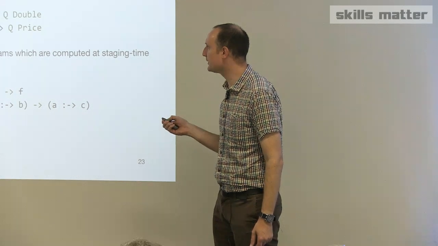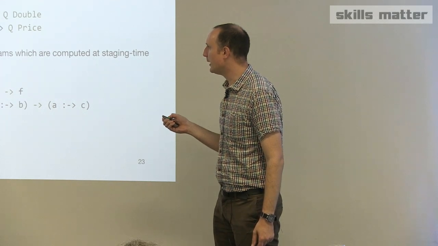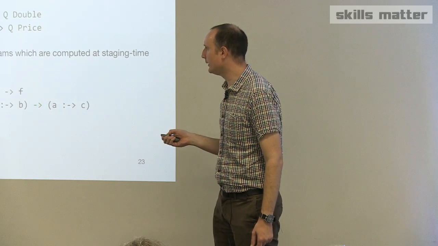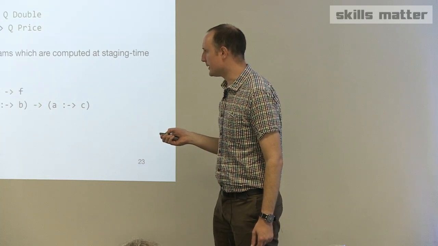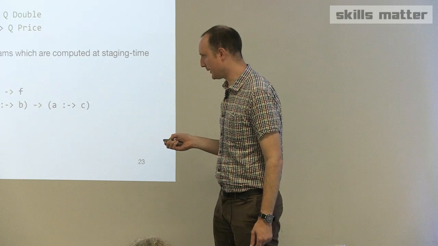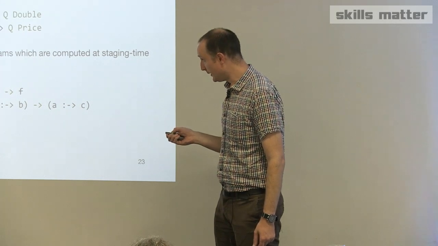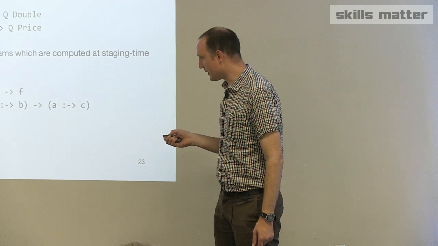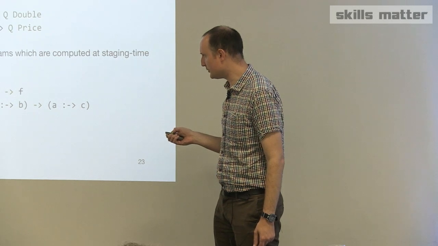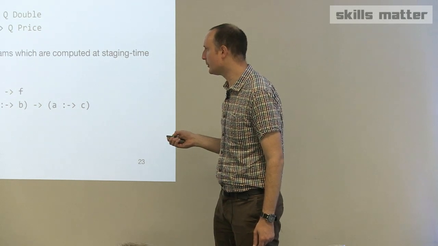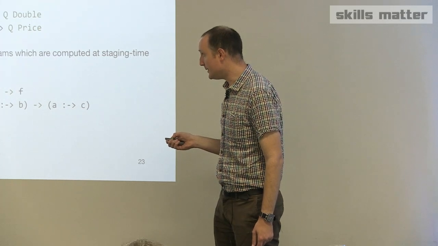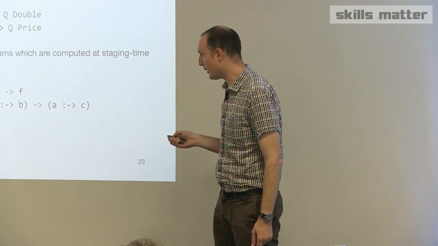So our lens library has this data constructor for a lens. There's a get function, a set function, and a compose, and you can see really it's just a selector function. You can think of it as a selector on that piece of data, and it gives you back a plain old function f to a, and the setter likewise gives you back a function a to f.